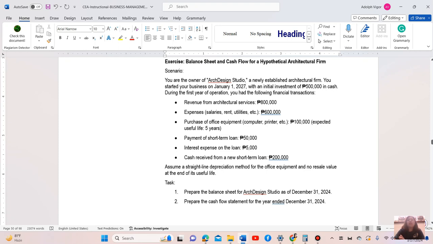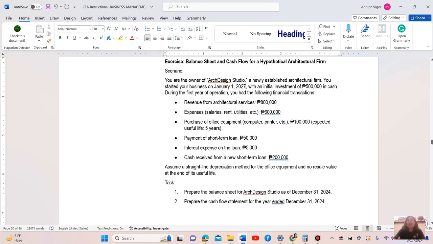The expected useful life of these equipment is 5 years only. So you spread out the depreciation cost over 5 years. Payment of short-term loan is 50,000. The interest expense on loan is 5,000. Your cash received from a new short-term loan is 200,000.